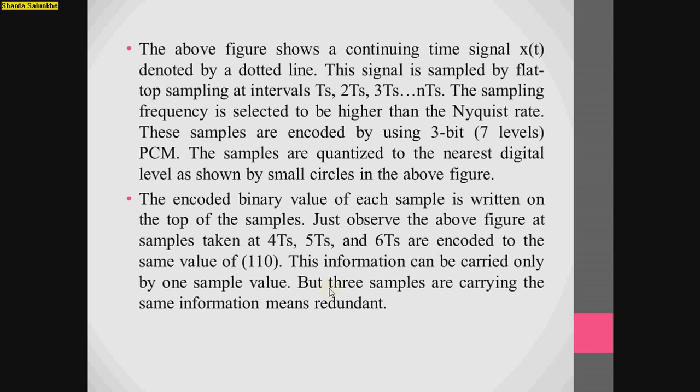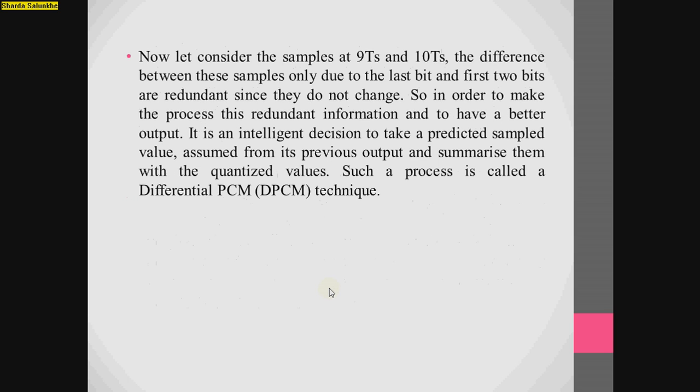The encoded binary value of each sample is written on top of the sample. Just observe the figure: the samples taken at 4Ts, 5Ts, 6Ts are encoded to the same value, and this information can be carried by one sample value, but three samples carrying the same information means redundancy.